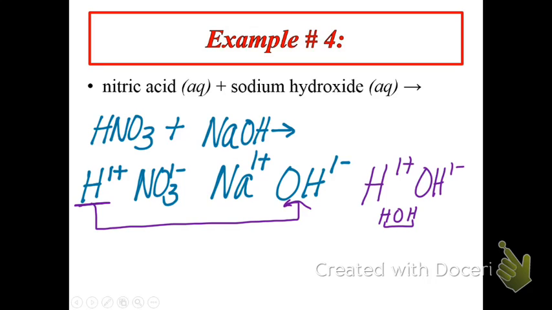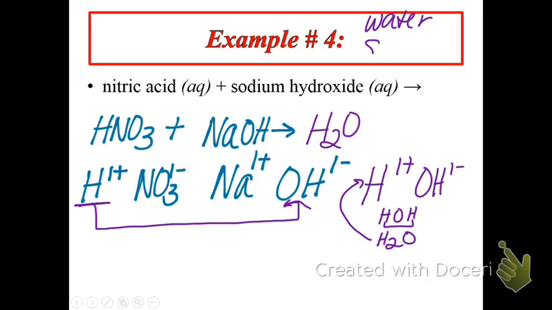You have 2. So, what you need to do if you have a hydrogen ion going with an OH ion, you need to write that as water. So one of the products of an acid-base reaction is water.